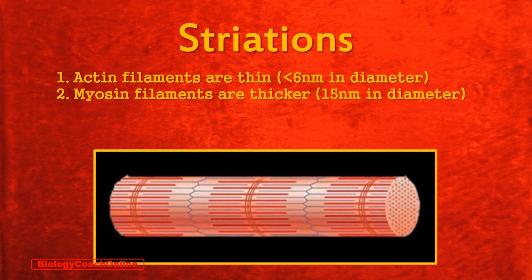Actin filaments are thin, that is less than 6 nanometers in diameter, while myosin filaments are thicker, up to 15 nanometers in diameter. Now, a nanometer is 1/1000th of a meter. A meter is about 3.5 feet, so you can see how thin these filaments really are.